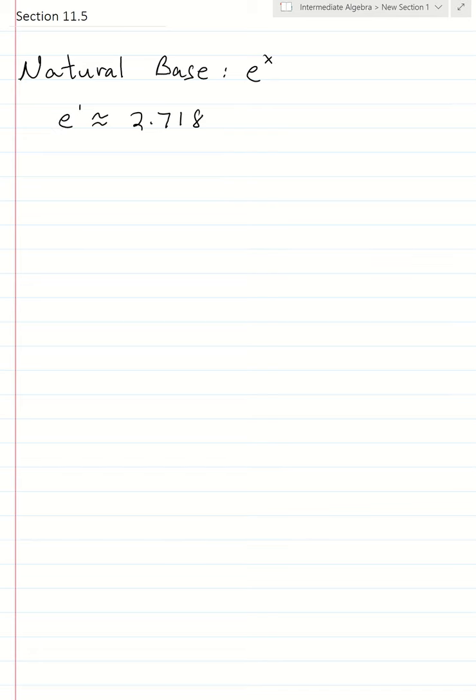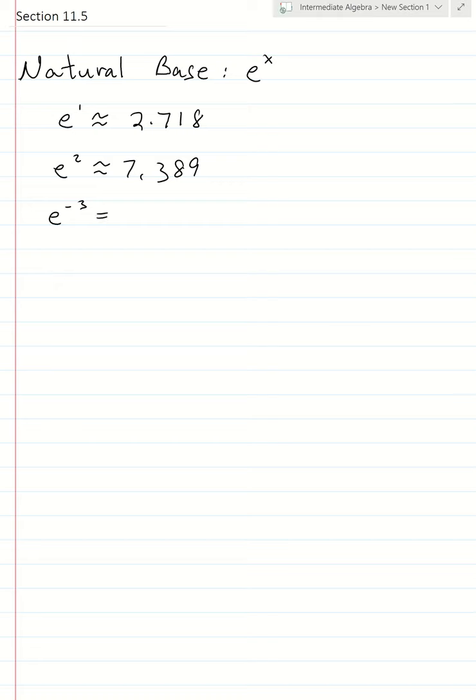Now, of course, we can take e just like any other number and raise it to higher powers. If we were to take e and square it, e squared would be the exact value. But if we were to use the scientific calculator and take e and raise it to the second power, we would get approximately 7.389. That would be the decimal approximation. I could take e and even raise it to a negative power, e to the negative third.